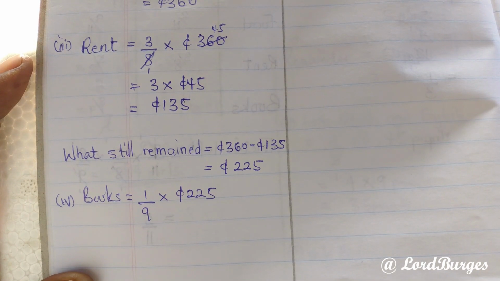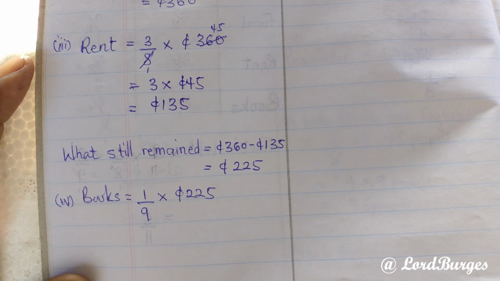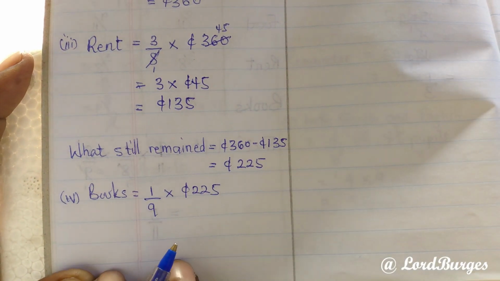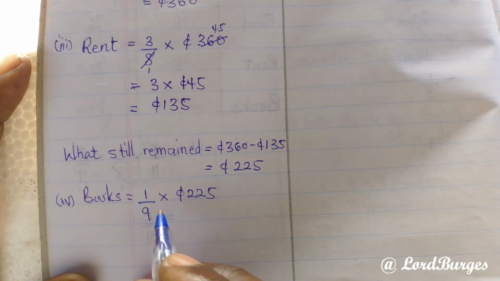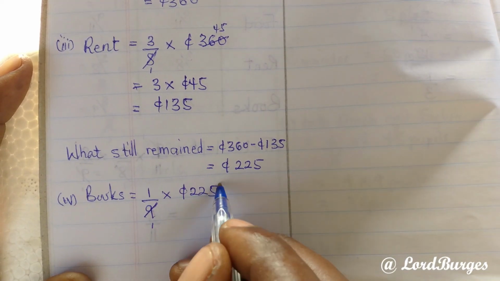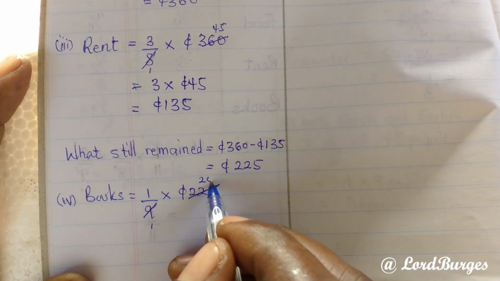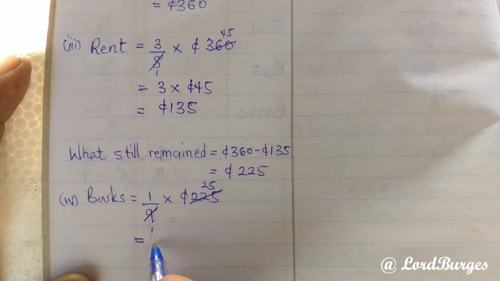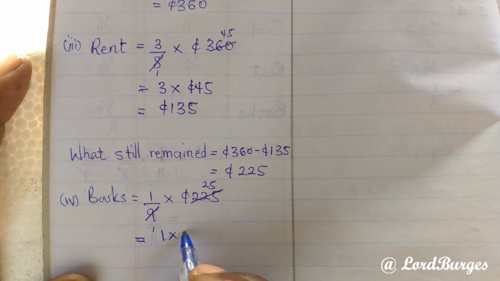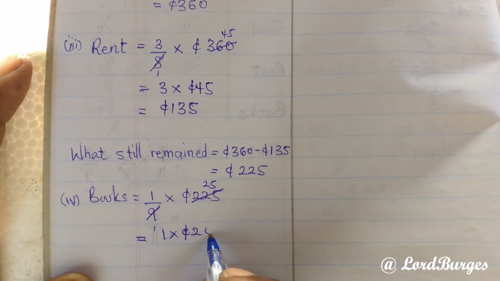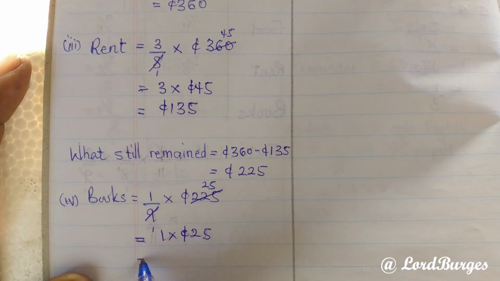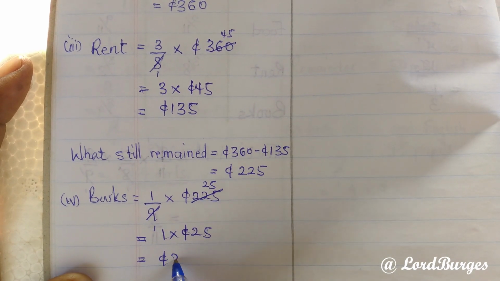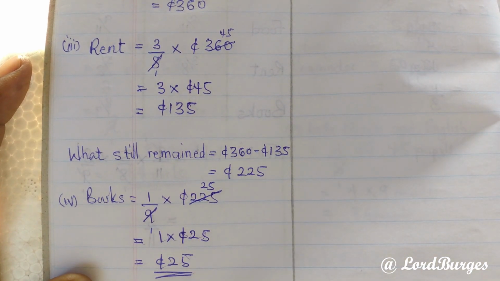And 1/9 of 225, we can cancel out, where we have 9 into itself 1, 9 into 225, 25 times. So we now have 1 times 25 cedis, which is equal to 25 cedis. So this is what is spent on books.